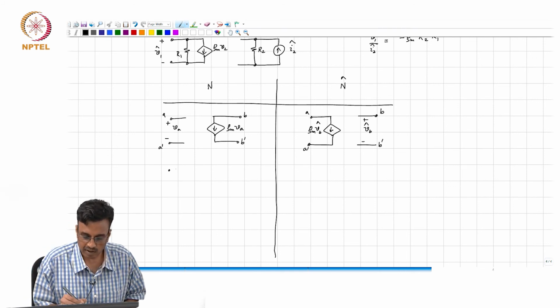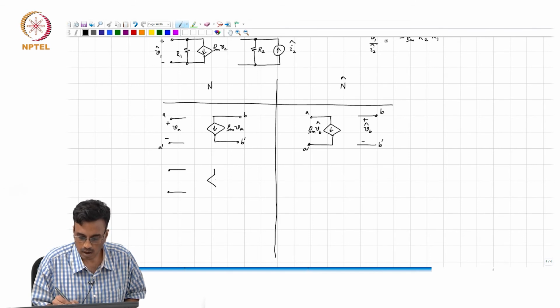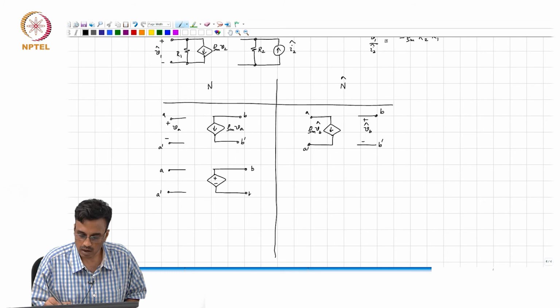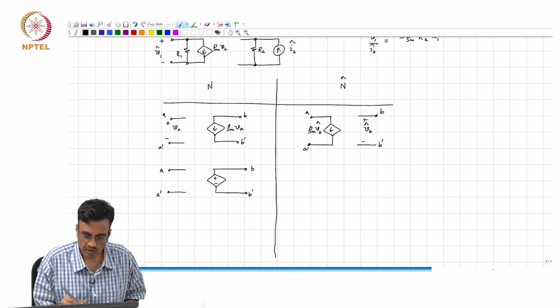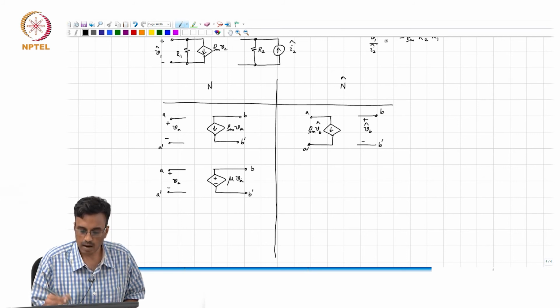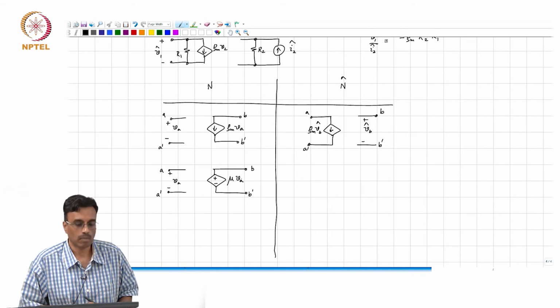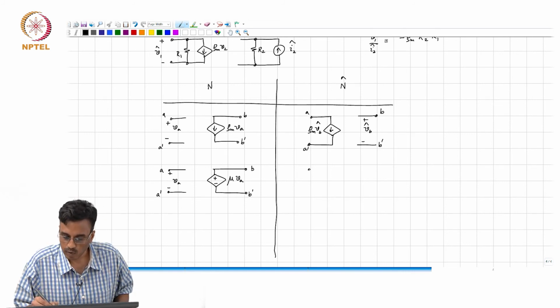The next thing, for instance, what happens when you have a voltage controlled voltage source? Okay, so A prime, B prime. So this is VA, and let's call this gain mu times VA. All right. What do you think you will do here?